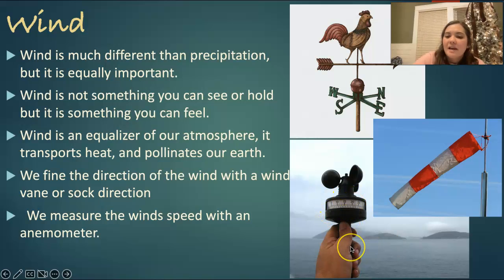Now, right here where this man is holding this anemometer, you'll see 3 cups. Sometimes there's more than that. But one of the cups is usually painted a different color than the rest. And when the wind is blowing, you'll pay attention to that one cup that is colored differently, usually red. We're going to say red.